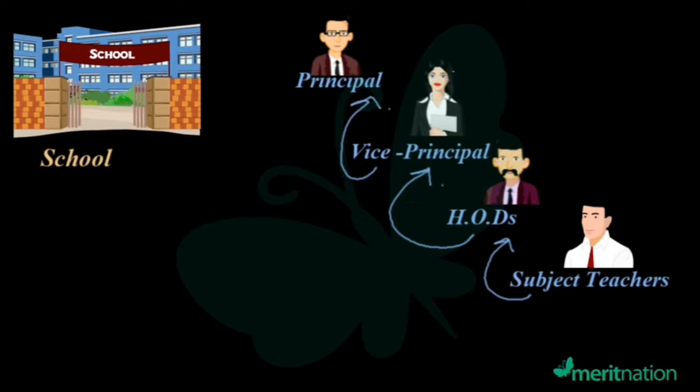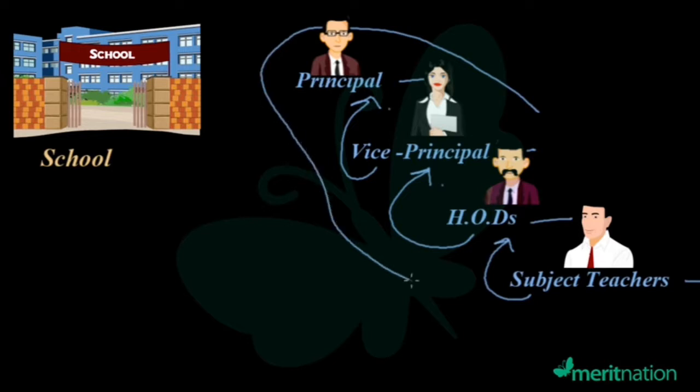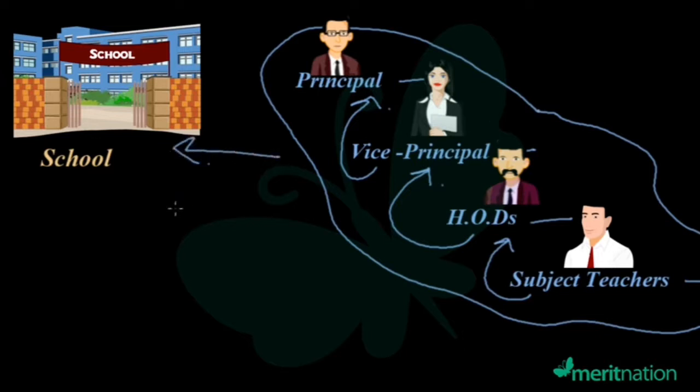So you can say that there is a hierarchy from principal to vice principal to HOD to the subject teachers in the school. But still, they all are working together for the proper functioning of the school, right? So they are basically sharing the power and are responsible for the working of the school, right?